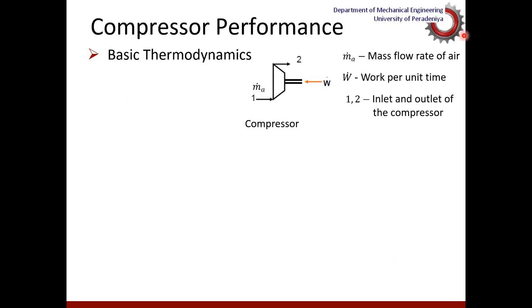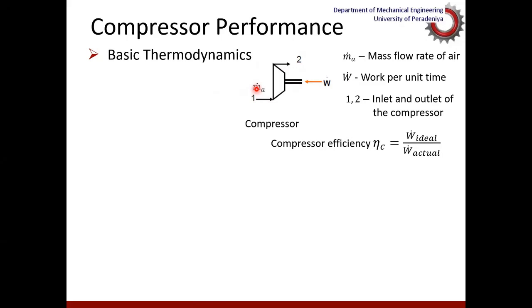Now, if you look at the thermodynamic aspects of supercharging and turbocharging, just to get an understanding about what exactly happens in terms of thermodynamic properties, let's consider a simple compressor like this. State 1 is intake, state 2 is exit of the compressor, and the compressor needs to be run by an external source. So some work needs to be done on it, and the mass flow rate of air is m_a dot.